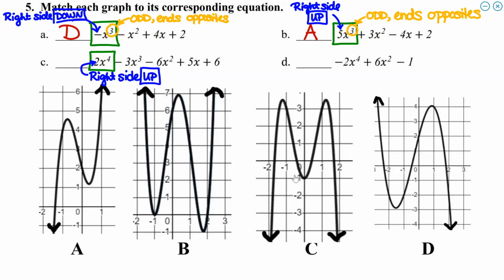So we said that was A and B. How do I know that it's not A again? The degree is even. And what happens in an even degree? Yep. Ends go the same direction. And so this is graph B.